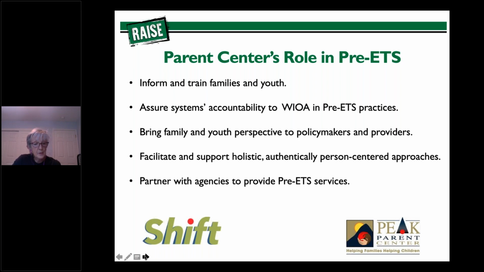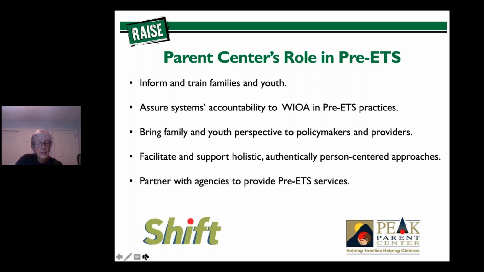It's so important, and this is really a part of the one above, to bring family and youth perspectives, both to policymakers and to providers, those folks who are putting these services into practice. Facilitating and supporting holistic, authentically person-centered approaches, so that we don't have that fragmentation that can often come when things are looked at only in fragmented ways and with only the professional perspective and opinion engaged in that.